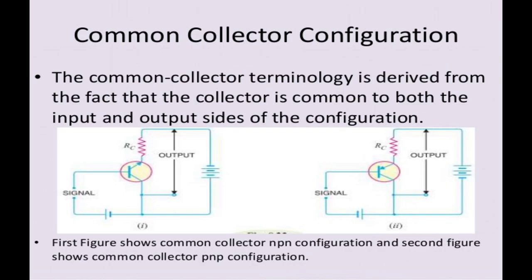These are the common collector configuration. This is the last configuration. We already saw the common base, common emitter and common collector. Now we are going to explain the common collector configuration. The common collector terminology is derived from the fact that the collector is common to both the input and output side of the configuration.